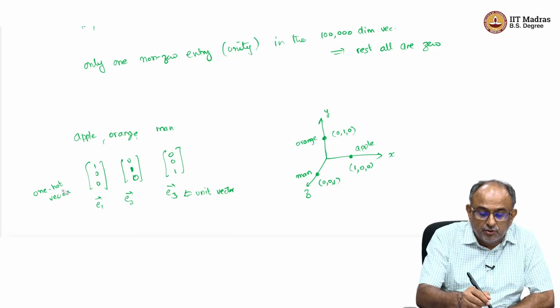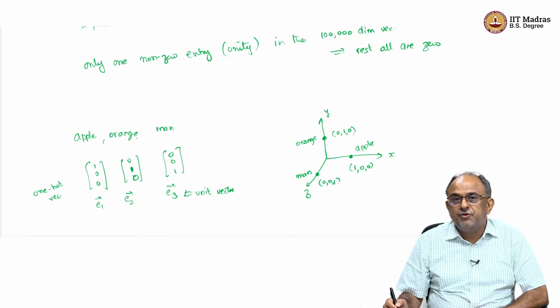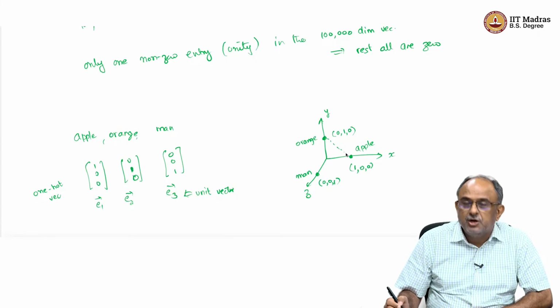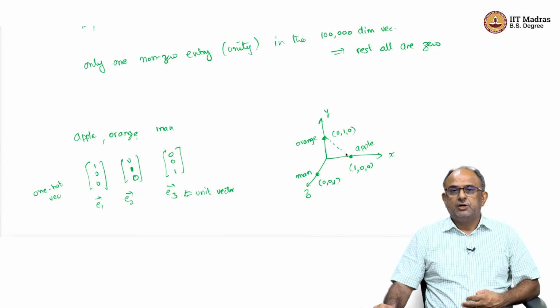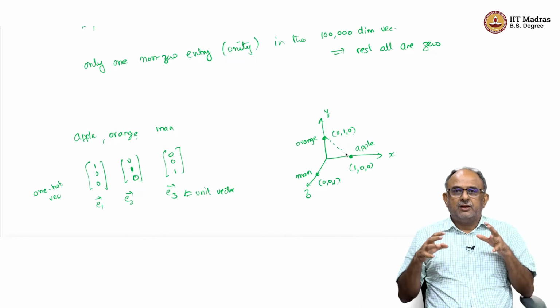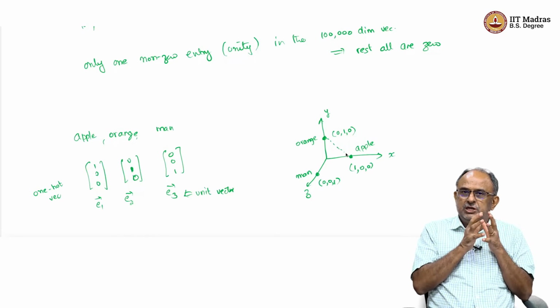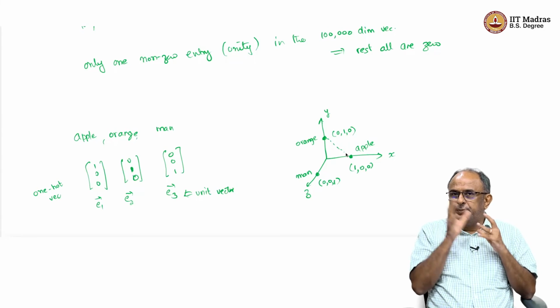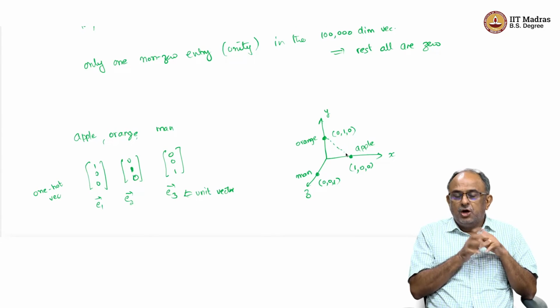So, what is the distance between apple and orange? First of all, if you look at apple, orange and man, is there some connection between apple and orange, between apple and man, between orange and man?